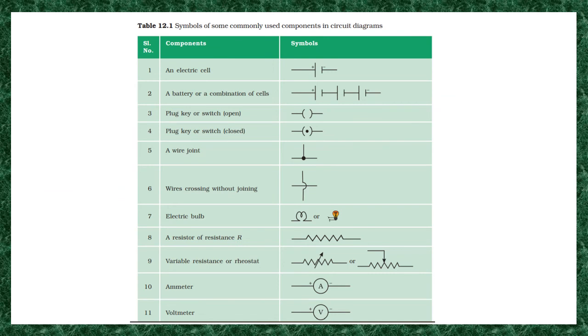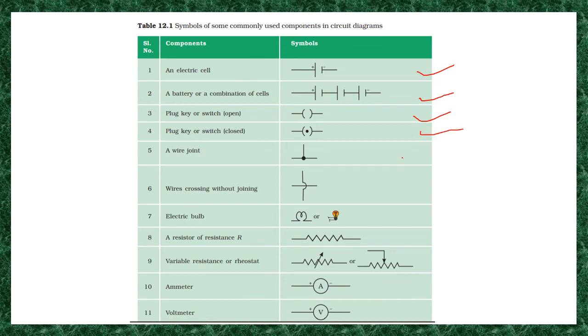And here are the symbols of some commonly used components in the circuit diagram. If we have to use an electric cell, this is the symbol for electric cell. If we are using a battery or combination of cells, then we will use this symbol. Here you can see more than one cell. That is the plug key when it is open, and that is the plug key or switch when it is closed.